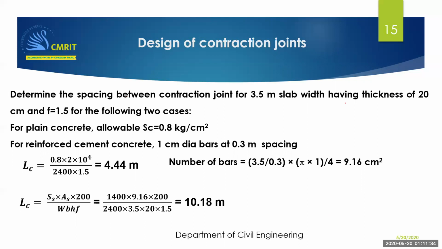It is actually not exactly the number of bars, it is the area of bars, which is 3.5 by 0.3, where 3.5 is the width of the pavement and 0.3 is its spacing, into the area, which is pi into 1 squared by 4, and that is 9.16 centimeters square. Substitute in this LC equation, you get 10.18 meter. Please pause the video and try to do it.